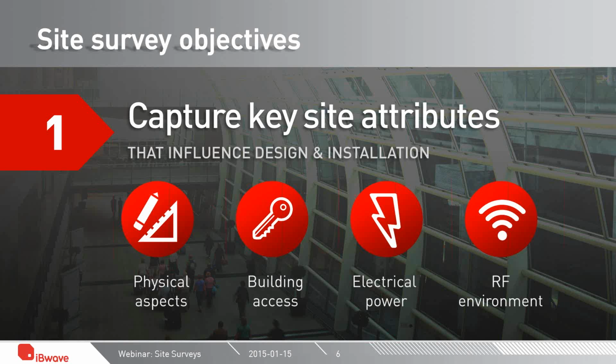And last but certainly not least is the RF environment. So typically here this will be the surrounding macro cellular network. That could very well cause interference in the in-building network that would limit data throughput. And that is particularly important for LTE systems where high data rates are required. So that's the first key objective.